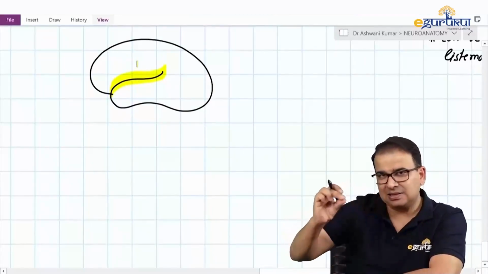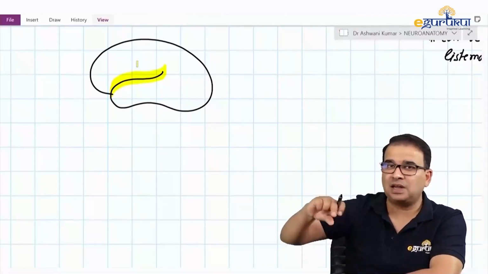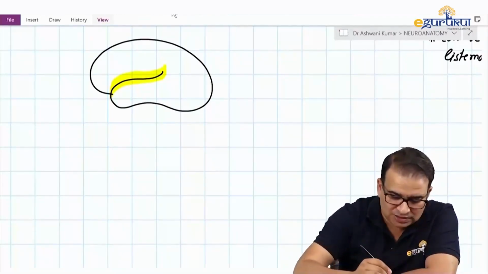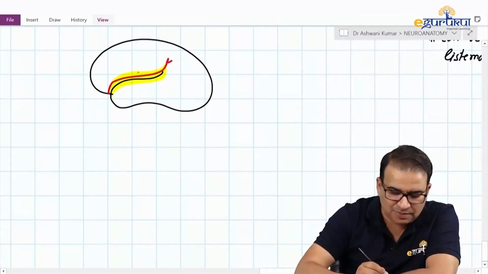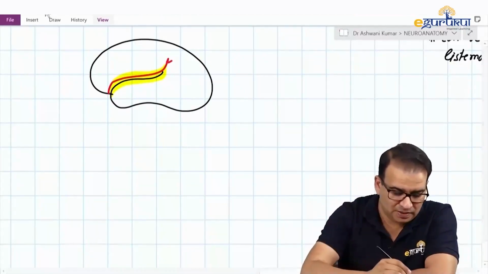And exactly in this Sylvian or lateral sulcus, we also have a subarachnoid space present along with it. That subarachnoid space along the Sylvian sulcus is holding the middle cerebral artery, which is a major artery supplying the superior lateral surface of the brain.